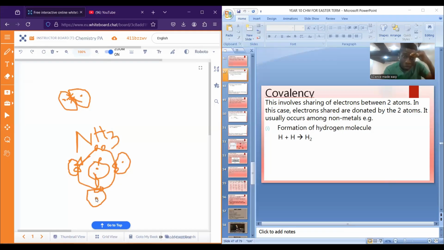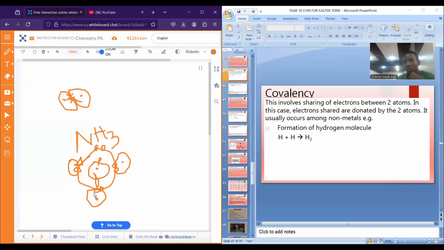So you can see the nitrogen now has how many electrons? 1, 2, 3, 4, 5, 6, 7, 8. It is now complete with 8 electrons. Each hydrogen now contains 2 electrons, so hydrogen is now complete. You can see they benefit from each other. They are sharing electrons between themselves. It's not that one is the one giving; both of them are participating. Both of them are giving. That is covalent, between two non-metals.